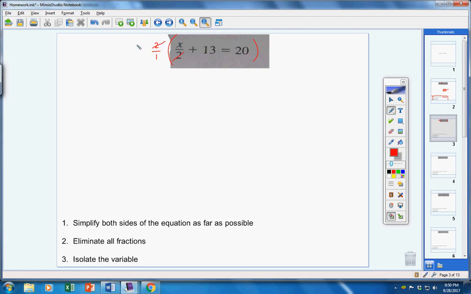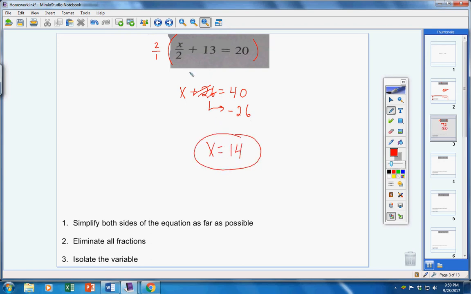Your 2's would cancel, leaving you with x over 1, which is x. 2 times 13 is 26, and 2 times 20 is 40. Lastly, isolate the variable. So bring the 26 over, make it a negative 26, and x equals 14.